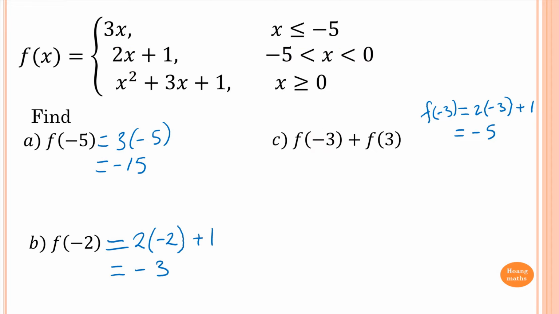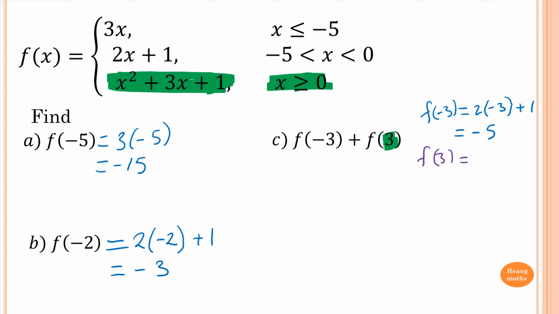Now f of 3 is actually greater than 0, so which is in this domain, so this is the function we're referring to. So f of 3 gives me 3 squared plus 3 lots of 3 and then add 1.